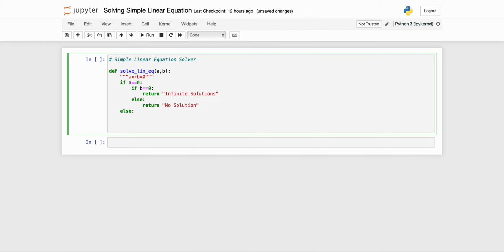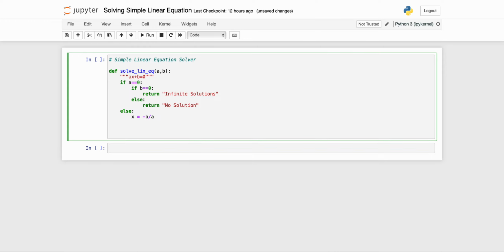To solve the equation ax plus b is equal to 0, you just have to subtract the b on both sides. So that would be negative b, and then you divide by a, which is x is equal to negative b over a. So when that happens, we would have x is equal to negative b divided by a. And so for that, we're going to return x. Okay, so that's our function there.